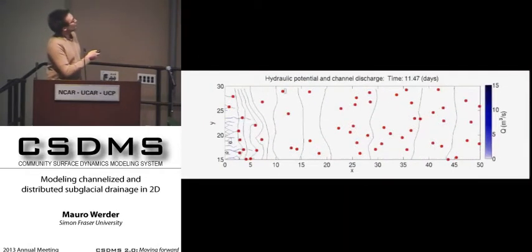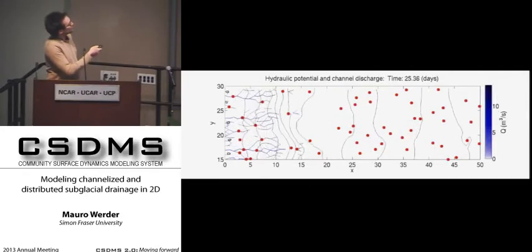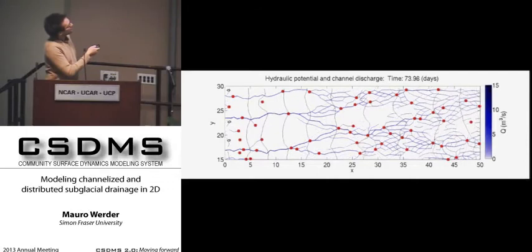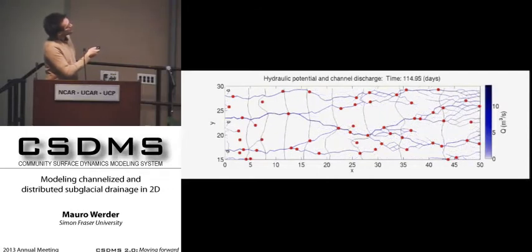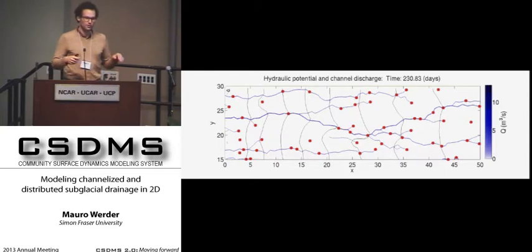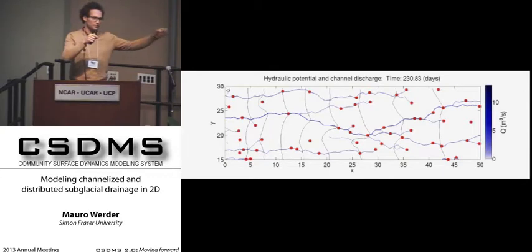So as channels form, there's a steep drop in hydraulic potential at the head where the channels form, and then channels will carve valleys into the contours of the hydraulic potential most of the time, but there are also channels which lie on ridges of the hydraulic potential, and these are too small to have enough discharge, so they're leaking out discharge continuously. So you can almost think of it like a stream sitting on a ridge, leaking discharge onto the sides.